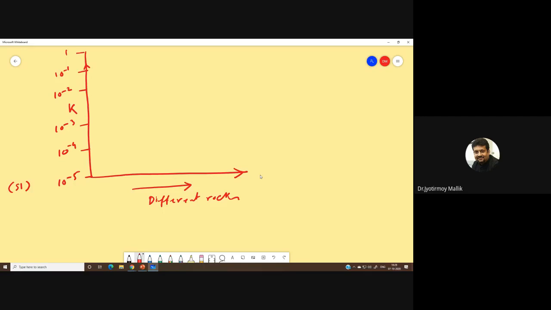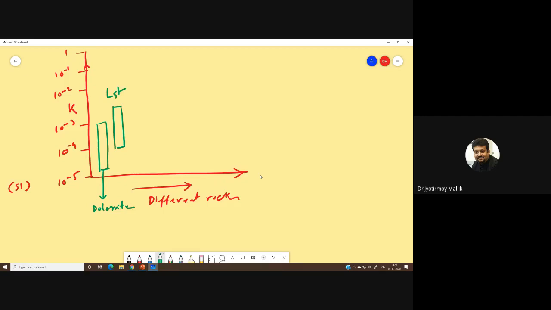So I'll just draw this. Dolomite, then limestone.